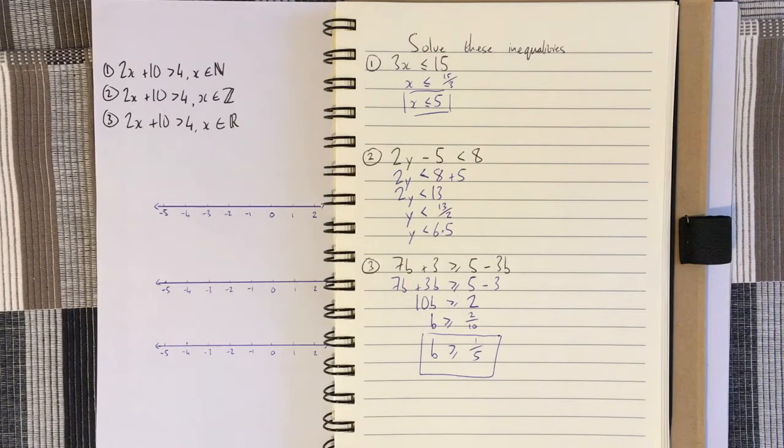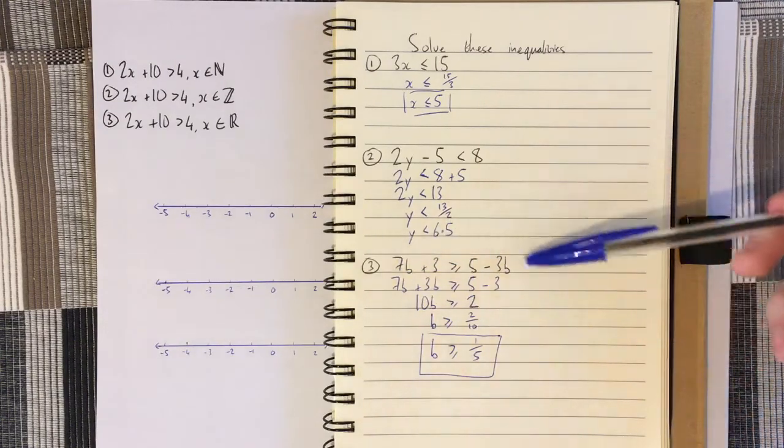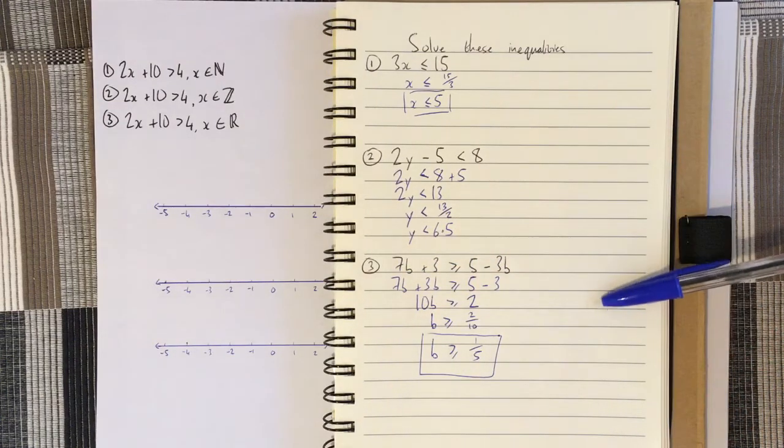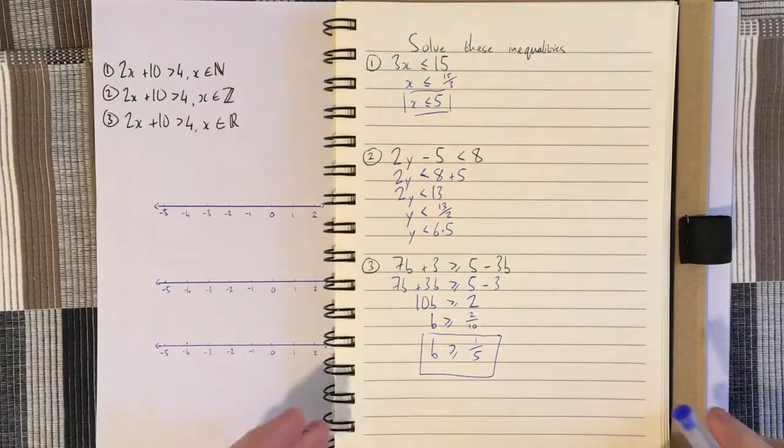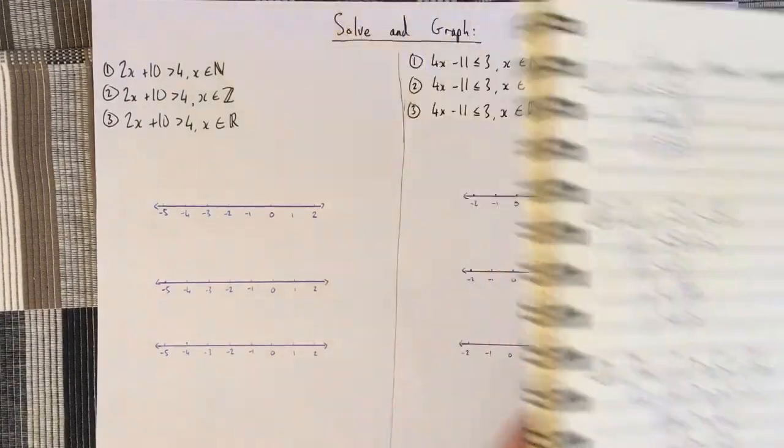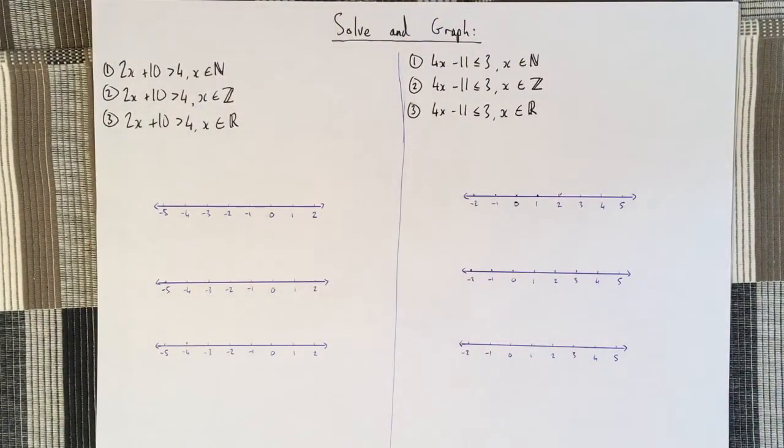So if you can avoid it, I would try to make your unknown have a positive coefficient, so plus 10b here. Don't bring the 7b over and be dealing with minus 10b. That's when you just have something else to remember, and as I said, I'll cover that in a separate video. So if you can, positive coefficient on the unknown, on the variable.